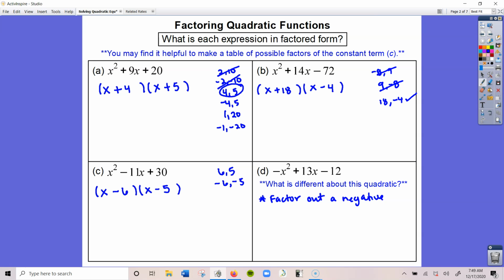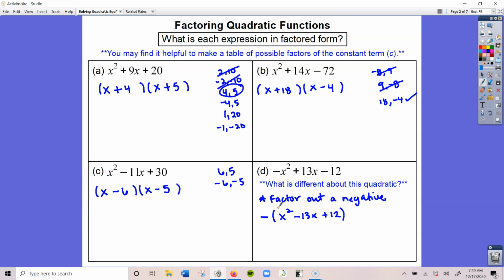And again, when we're factoring, that is undistributing. So this means that a negative 1 was distributed to every term. So when I factor it out, I'm going to write a negative on the outside. And then I'm going to rewrite this quadratic with all of my signs switched, which would be a positive x squared minus 13x plus 12.